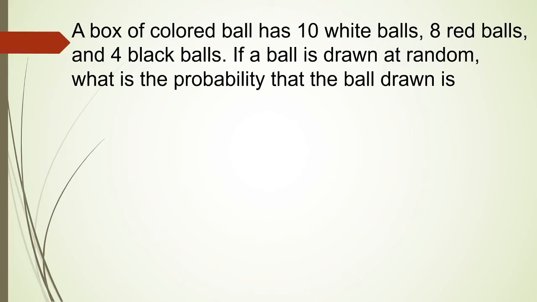A box of colored balls has 10 white balls, 8 red balls, and 4 black balls. If a ball is drawn at random, what is the probability that the ball is a white ball? So, first thing, how many balls are there in the box?